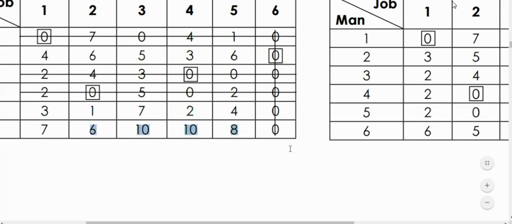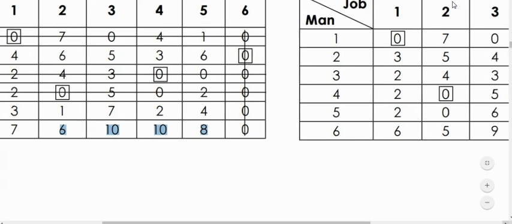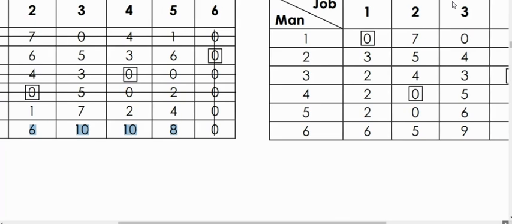So when I subtract 1, what would I get? 4 minus 1, 3. Here, 6 minus 1, 5. 5 minus 1, 4. Similarly, in the fifth column, I'll get a 0 here because 1 minus 1 becomes what? 0. So my objective was to get a 0. So I got a 0 by subtracting 1.